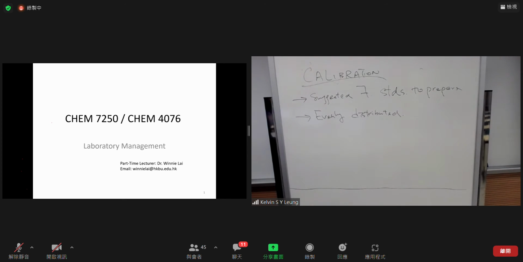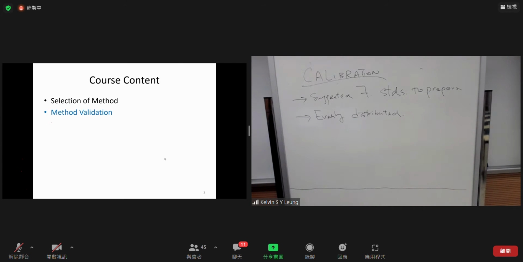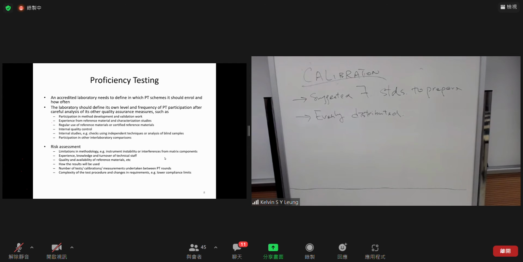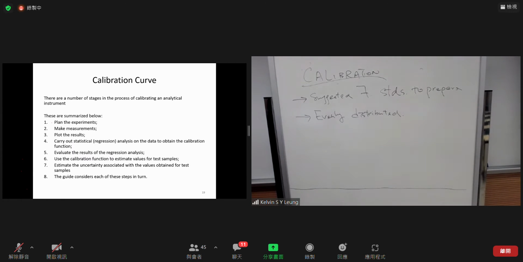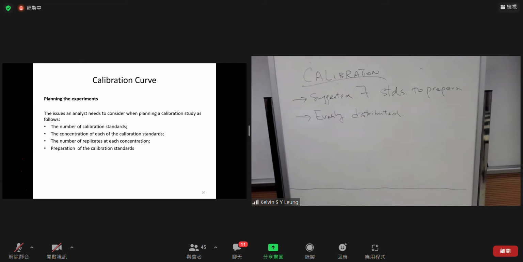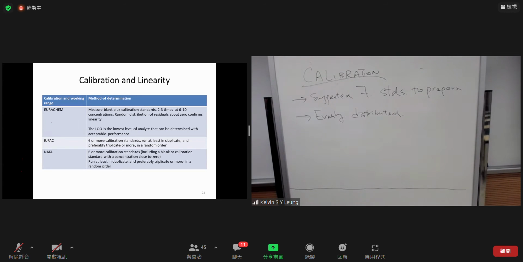Let me move to a certain page in the PowerPoint first. Here we can also refer to some of the different guidelines.